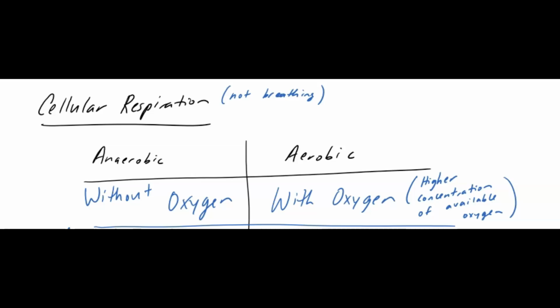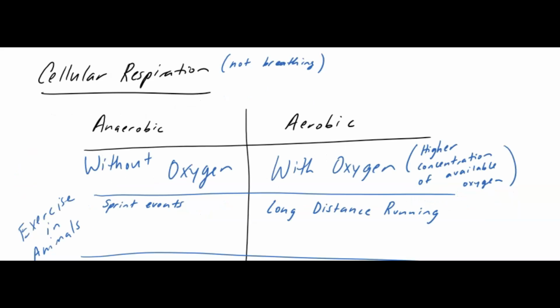Anaerobic means it's going to be without oxygen or in the absence of oxygen. Aerobic respiration is going to be in the presence of oxygen, or just really a higher concentration of available oxygen than anaerobic cell respiration.